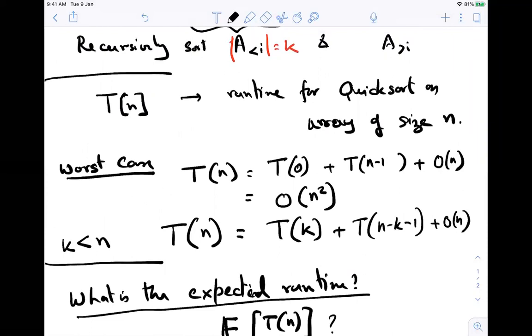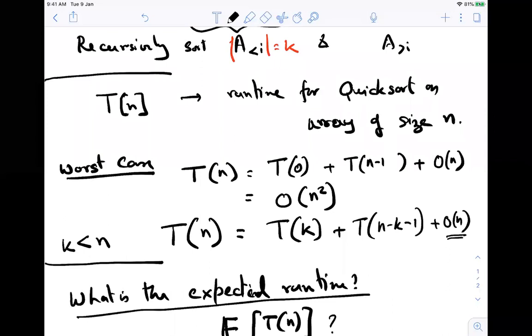In that case, for whatever K, the time would be equal, right? Because of the K and n minus K plus 1 splitting, it will be order n. What I wanted to ask was, without knowing the nature of T, how do you ascertain that K equal to 0 is the worst case? How do you prove that?